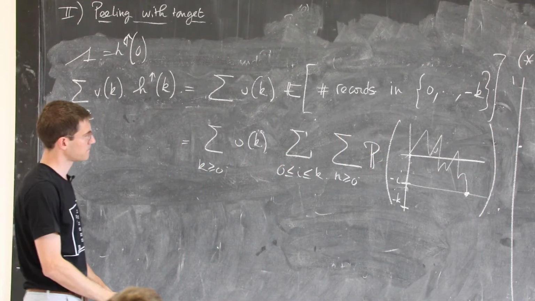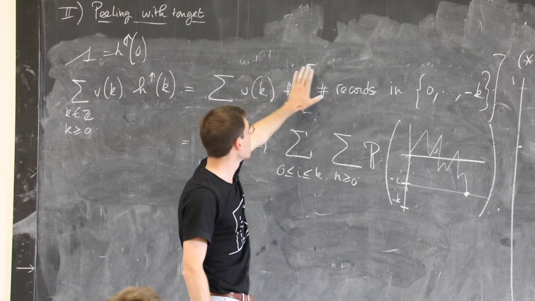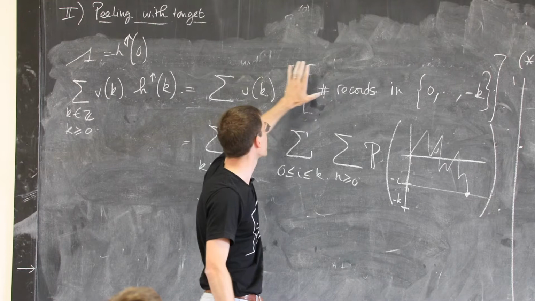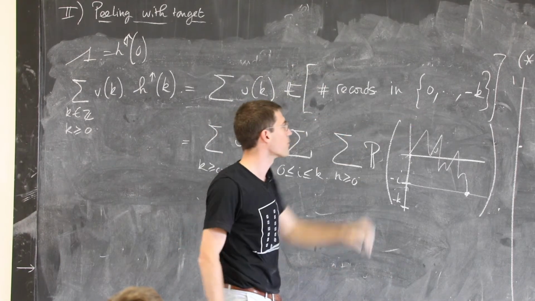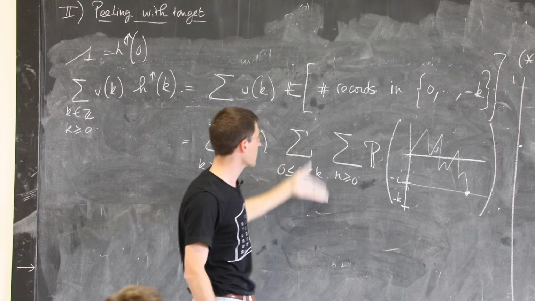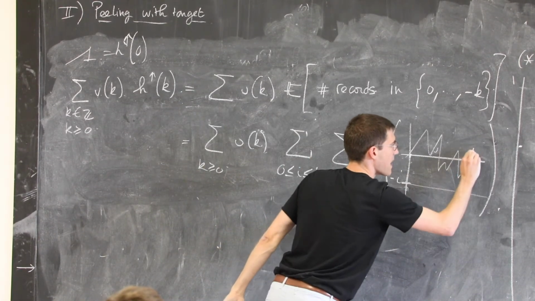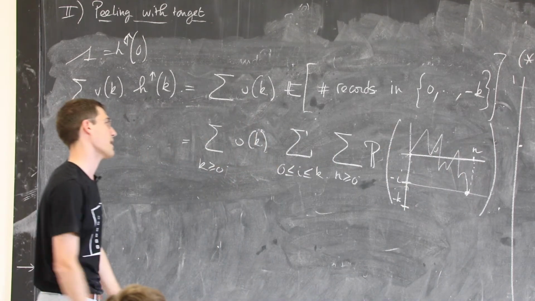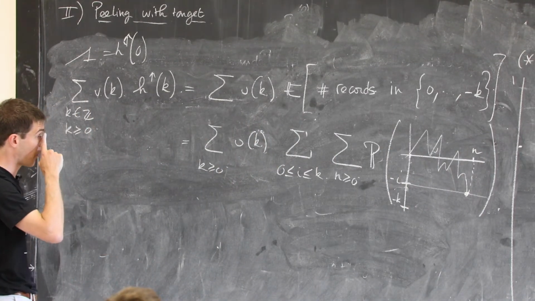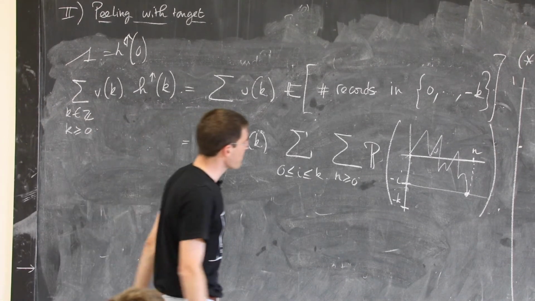Because the expectation of the number of records is the sum of records in 0 to minus k. I fix a minus I in between 0 and k, and I sum, and I fix here time n, and I know it appears at some time n. It's just decomposing this event. And now I do what I promised to do.